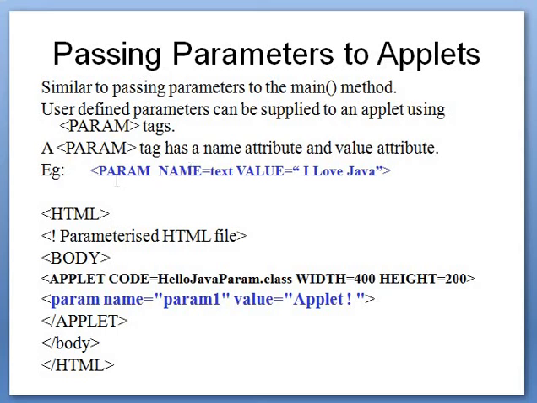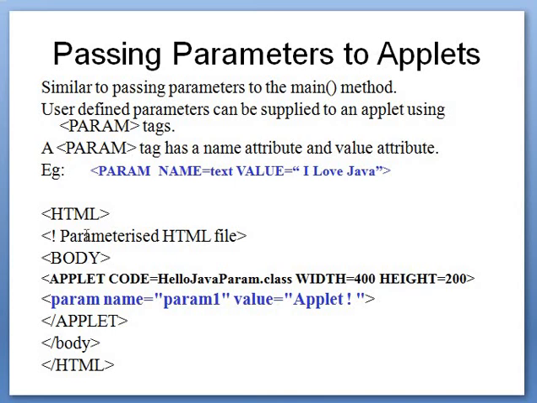In our example, param name is equal to text, value is equal to I love Java. So text is the name of the parameter, and the value returned by calling the text parameter is I love Java.